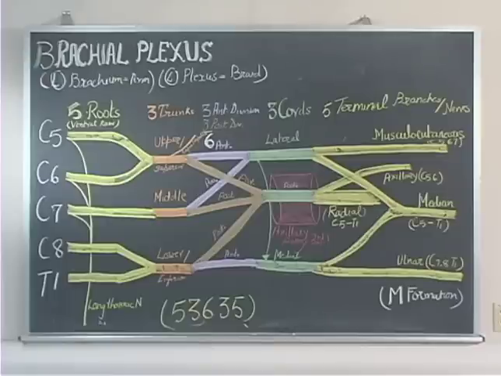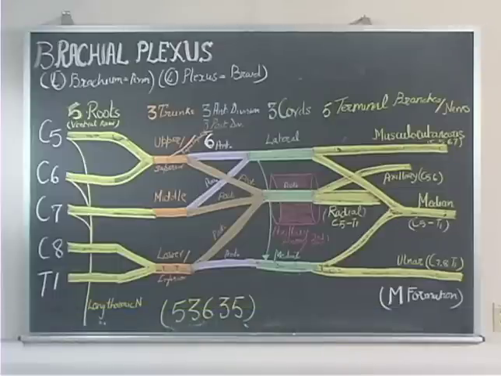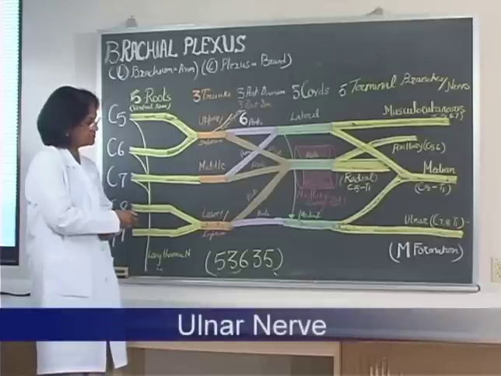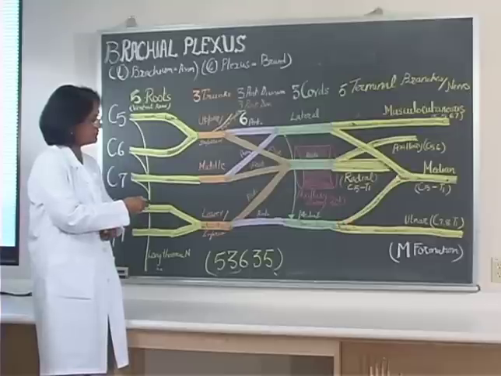Contributions from the lateral cord and the medial cord form the median nerve, which has C5 to T1 spinal levels. The ulnar nerve comes out from the medial cord, and this completes the configuration of the M formation.